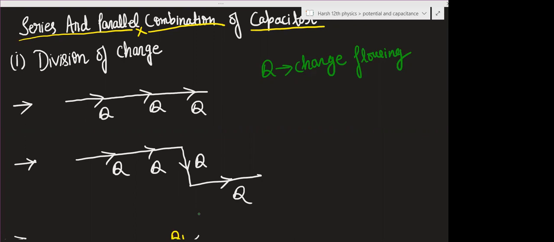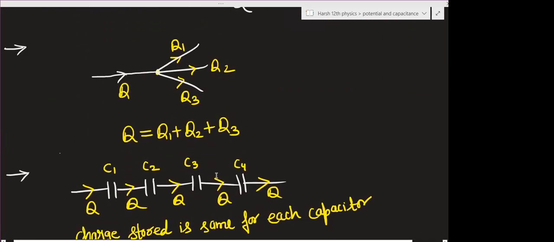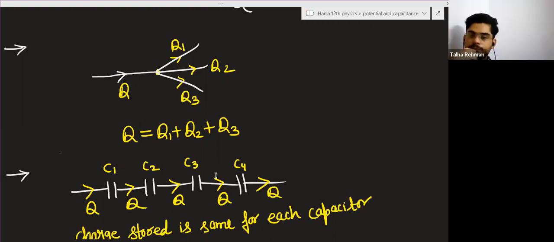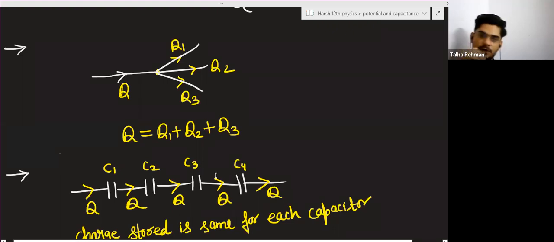Sir, can you scroll down? So here you can write: charge divides due to branching.